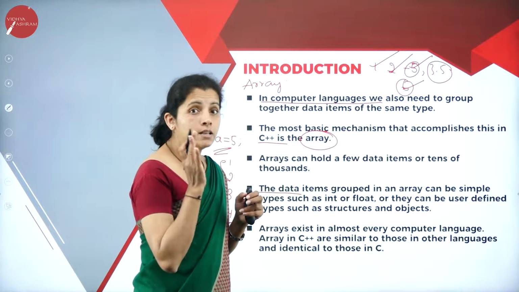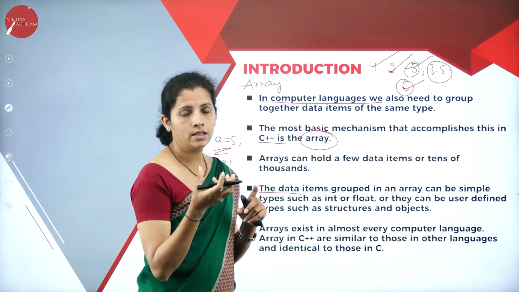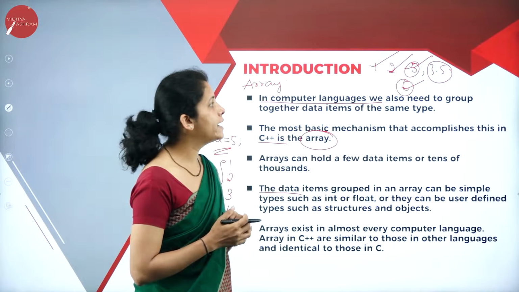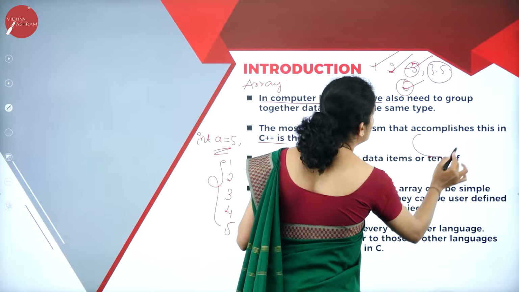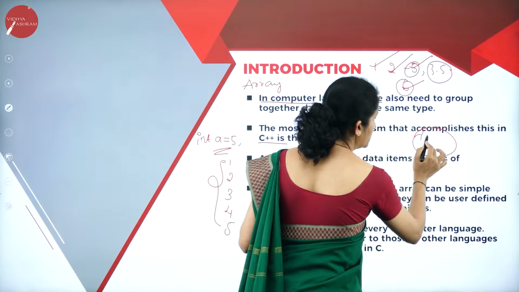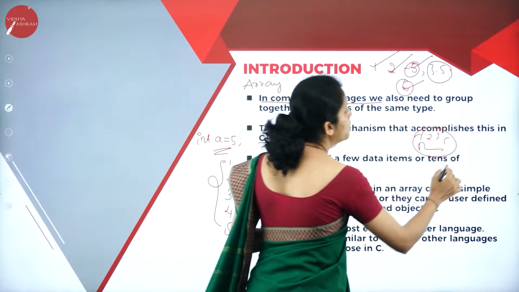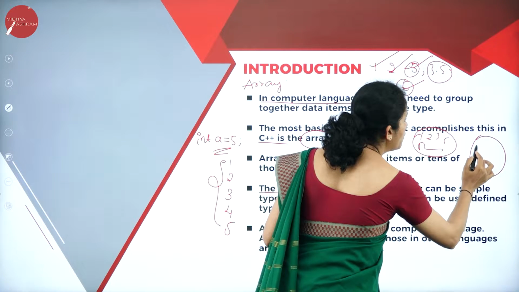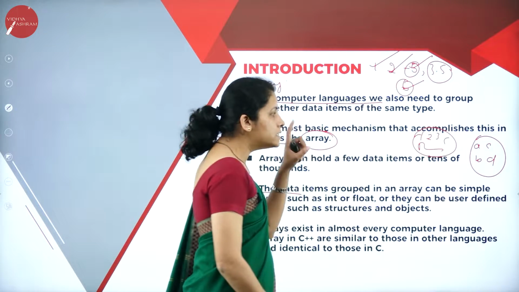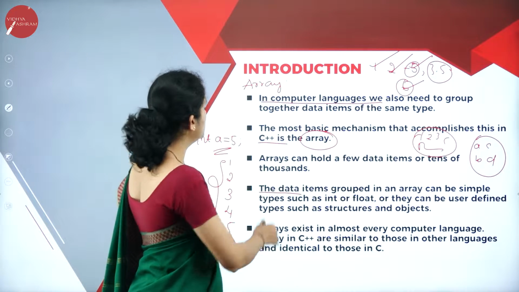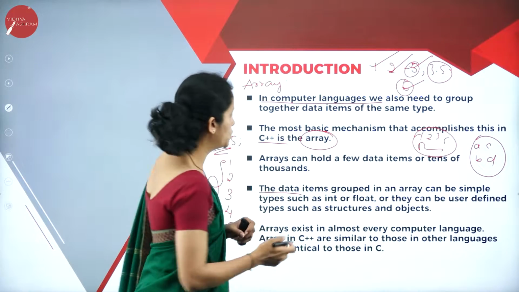So in a programming language, I need to group similar kinds of data. For example, I'm going to make a group of integers, that is 1, 2, 3, 4. Now, I want to make a group of characters. This can be achieved by using arrays. And what are the simple data types I'm going to have here?